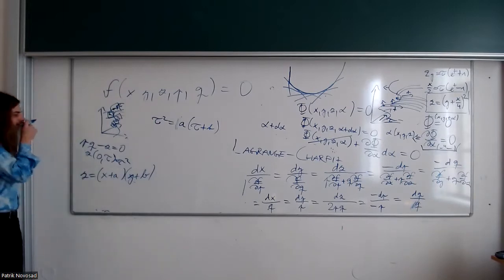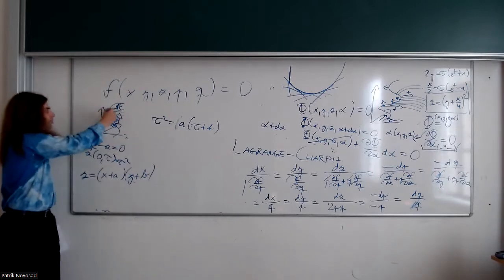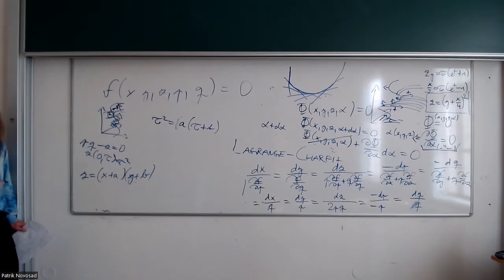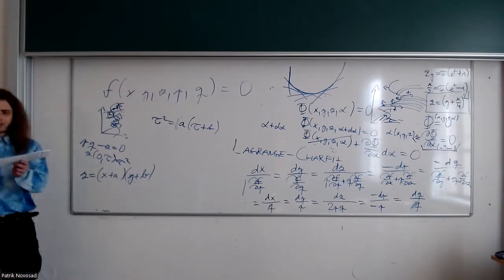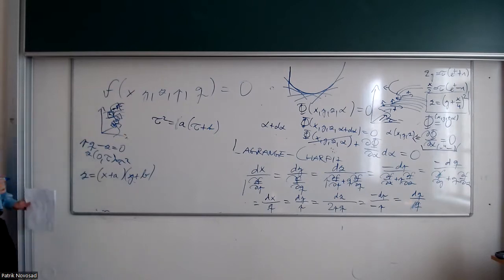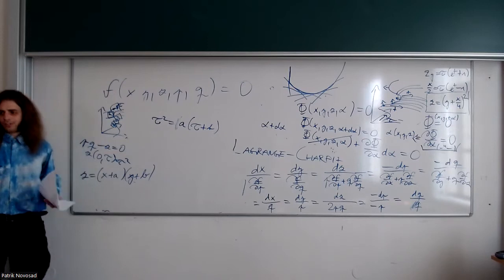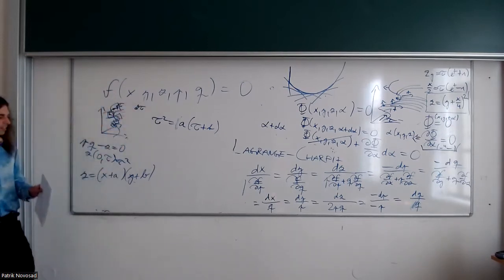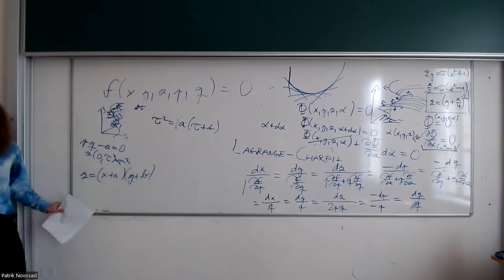On the other hand, we demand that at each of those points of the initial data, we need the surface to be tangent to that curve, which means that if we once more advance the tau by a little bit, d tau, then we still need to be on the same surface.